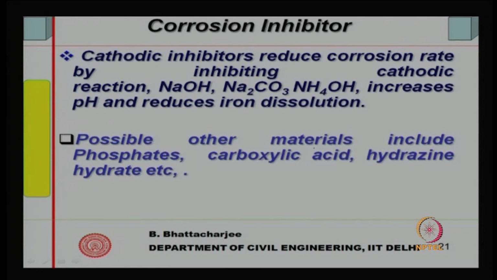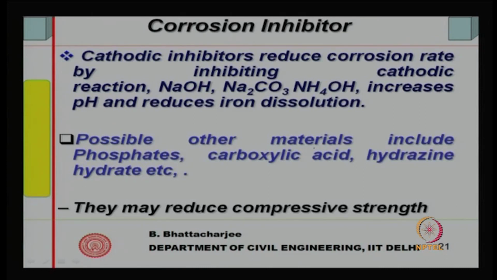Phosphates, carboxylic acid, hydrazine hydrate, etc. Hydrazoic acid is HN3, hydrogen and nitrogen. NH3 is ammonia, this is HN3. So, hydrazoic acid and hydrazine hydrate are among the compounds from it.